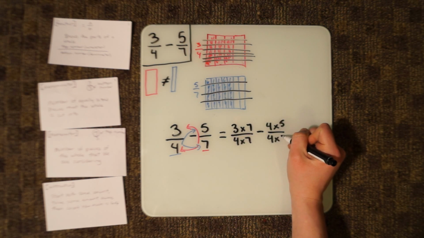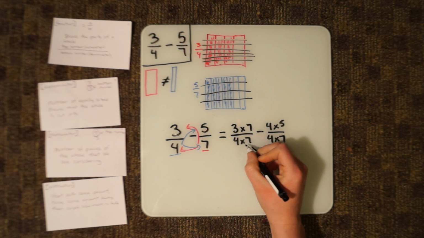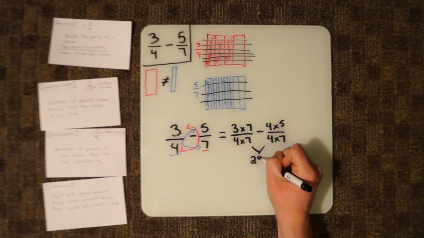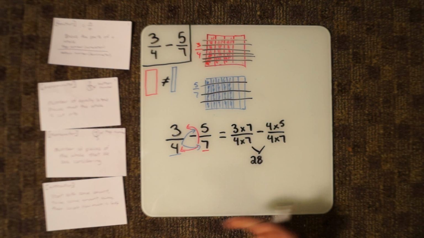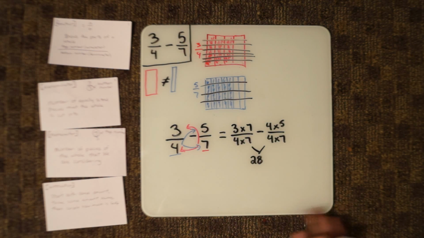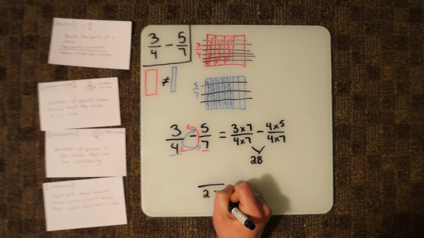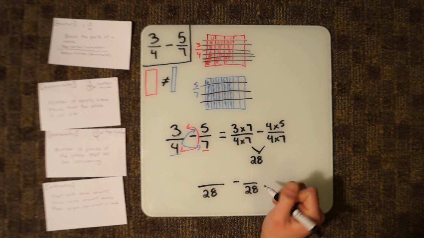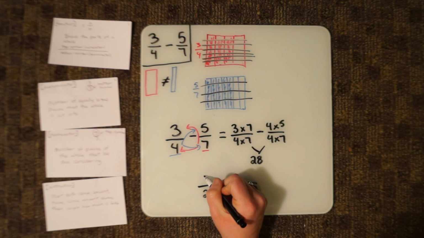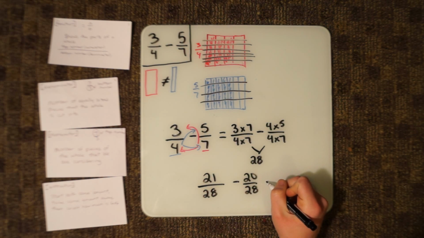4 times 7. You notice that right here, 4 times 7 equals 28, because that's the denominator in both of these. That is the denominator that they have in common. So then we can rewrite each of those as over 28. We can do this multiplication to get 21. 4 times 5 equals 20.